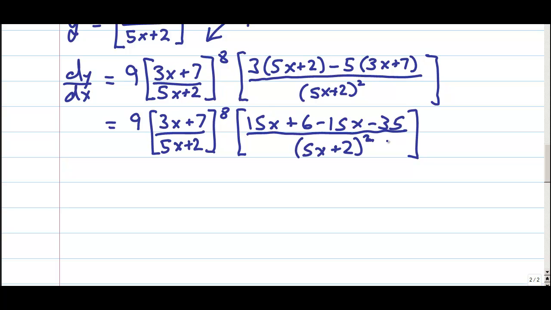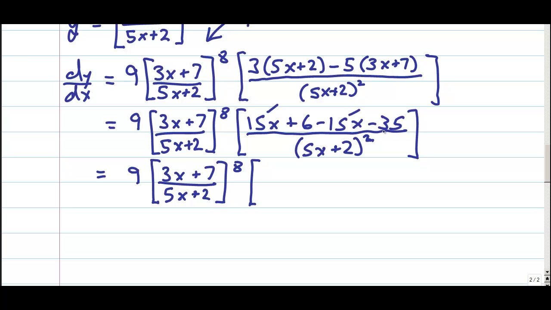Now if I add like terms, notice these 15s cancel. So now I've got 9 times 3x plus 7 over 5x plus 2. And then here's what I've got in here. It looks like this is going to be negative 29.